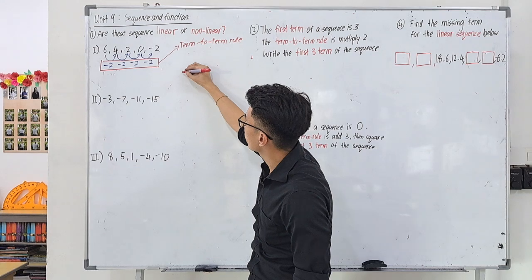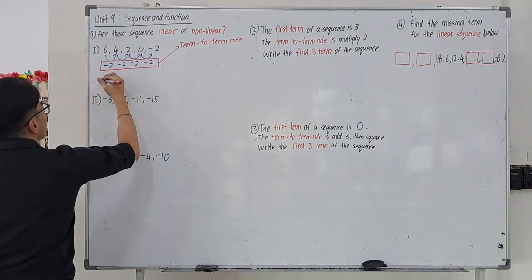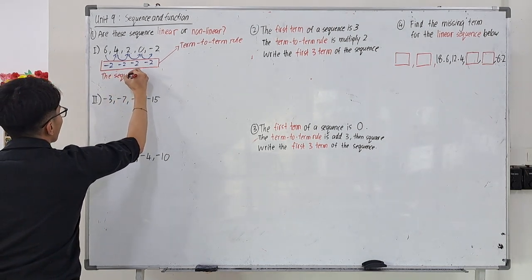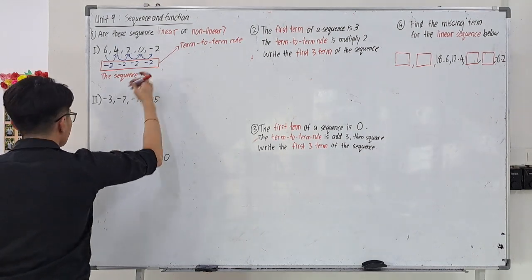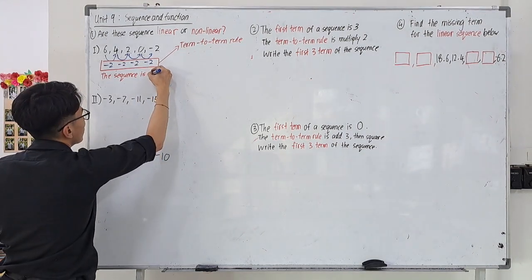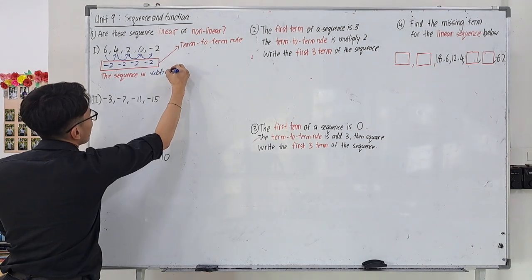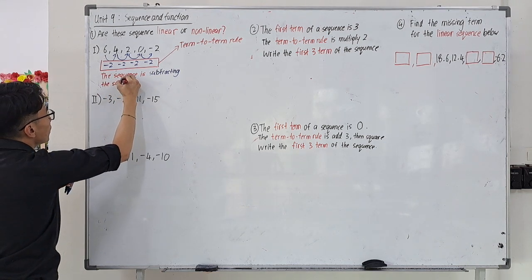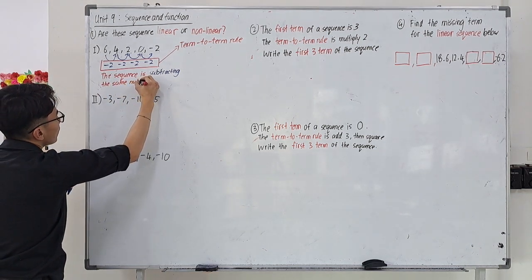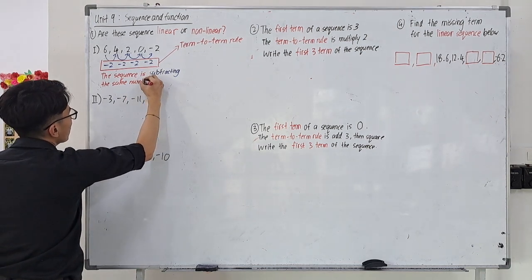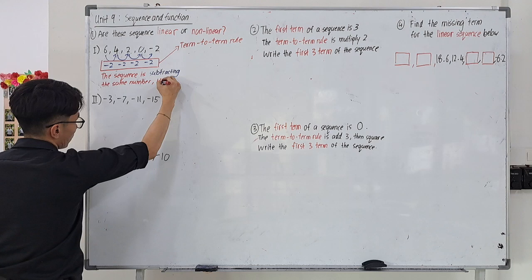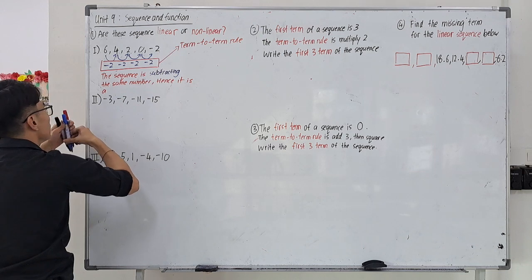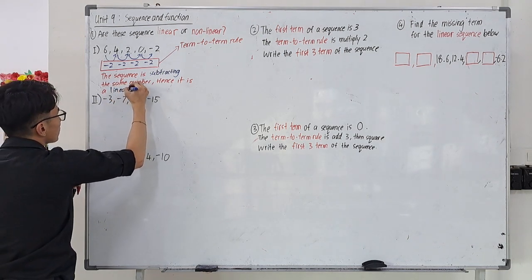So I can make a general summary over here. The sequence is subtracting the same number, and hence it is a linear sequence.